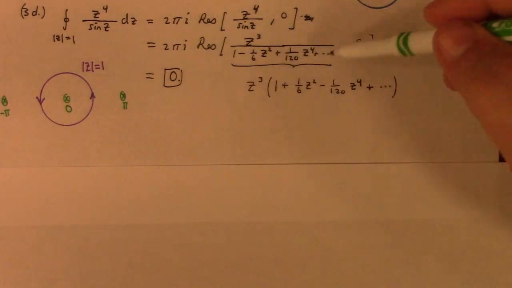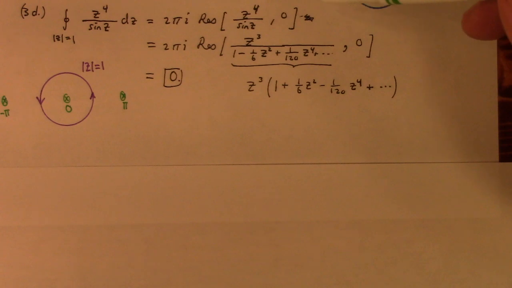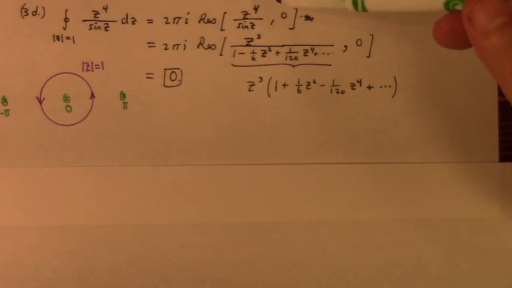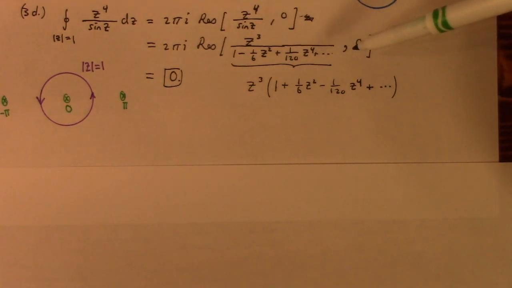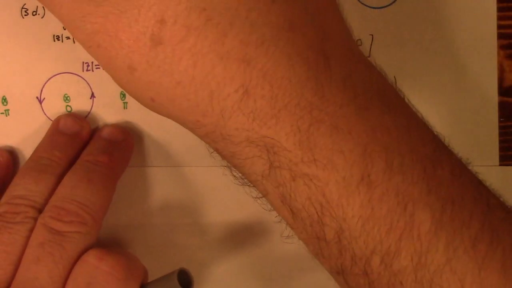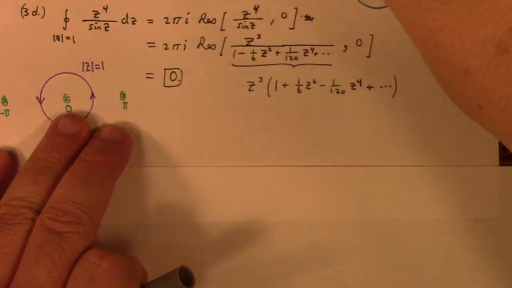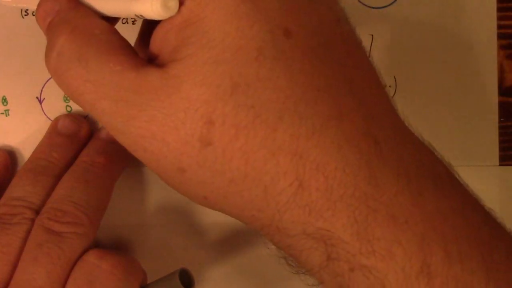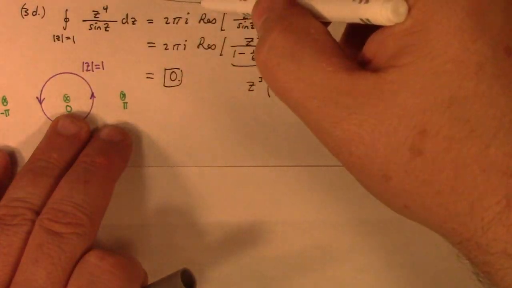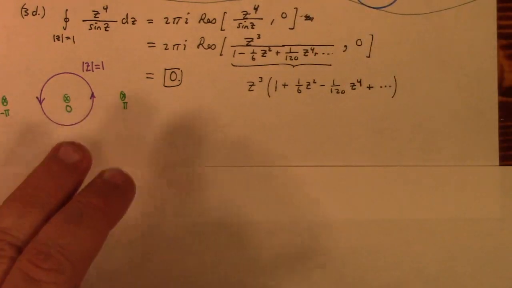I mean, this calculation is fine. It's a good way to do it. I'm trying to fit everything into the rules at the moment, and that's just kind of silly. The rules are tools. Use them when you can see how to use them. If you can't see how to use them and you prefer to do the Laurent calculation directly, then by all means do it, as I've done here.